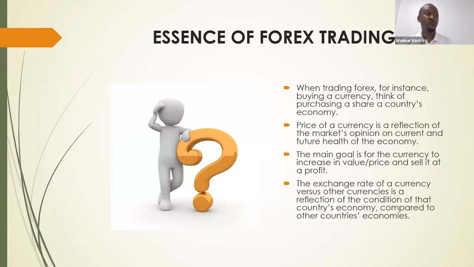By the way, if you have any questions, feel free to share them and we'll be able to answer all of them. The main goal is for the currency to increase in value or price and sell it at a profit. It's the same way as when you're transacting in the normal market.